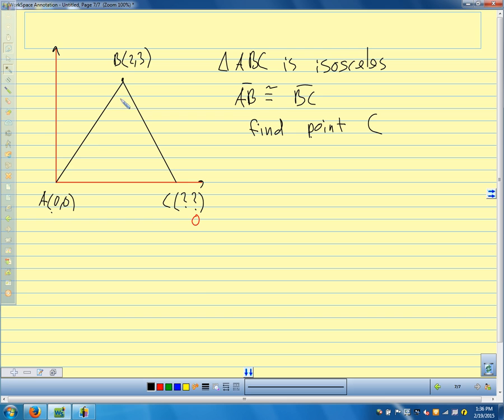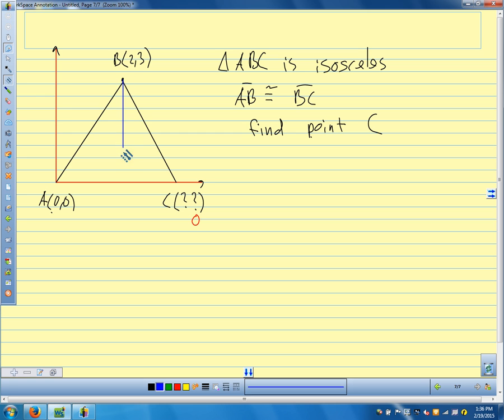Calculate the length of this side, calculate the length of that side. But let's try to be smart. Let's save ourselves some work. What do you think? AB is going to BC. So if we were going to use that, then we could use a distance formula. But I want to save some work. On an isosceles triangle, that's a very good idea. That's exactly what I was thinking.